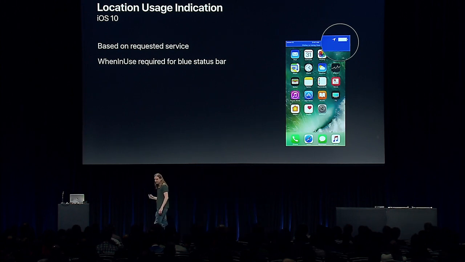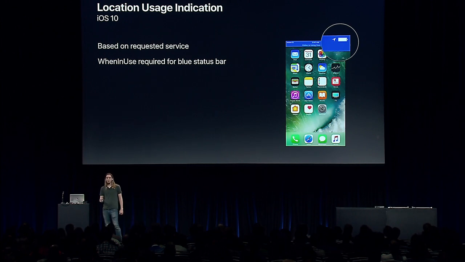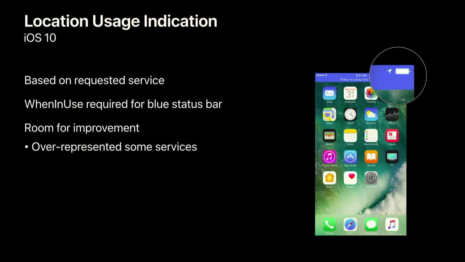We felt this system was very good. It served us well for a long time, but we thought there was room for improvement. This system overrepresents the privacy exposure of some of our APIs. Let's compare two apps, one of them using the significant location change monitoring service, and the other one using our continuous background location service. Both of these apps will have a solid arrow continuously.